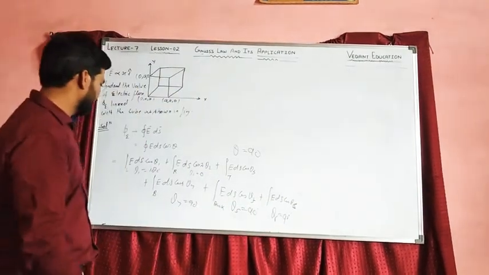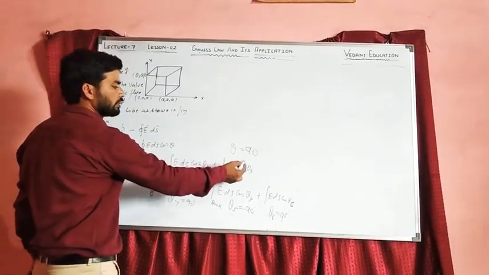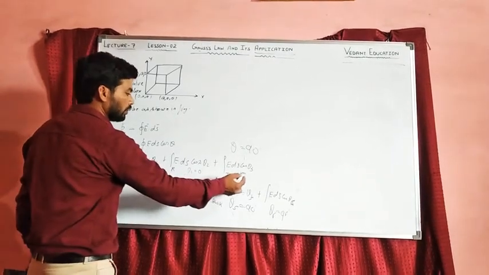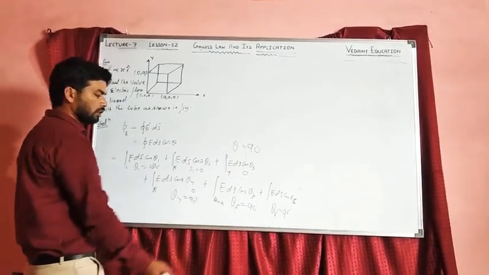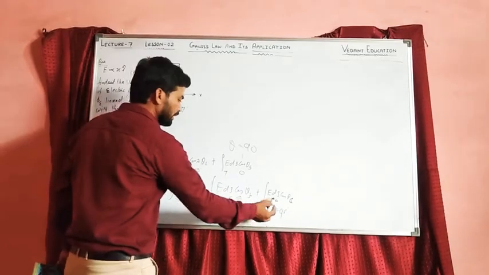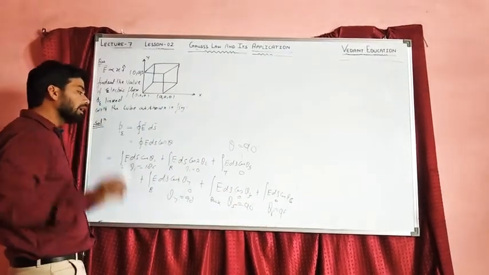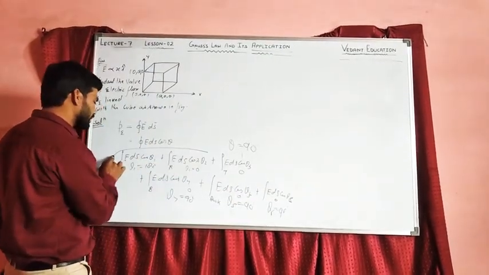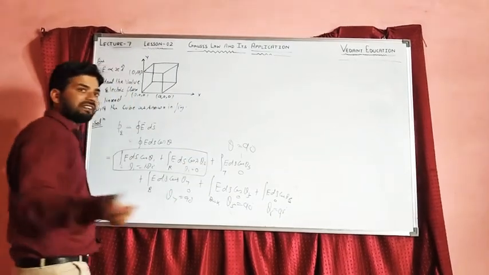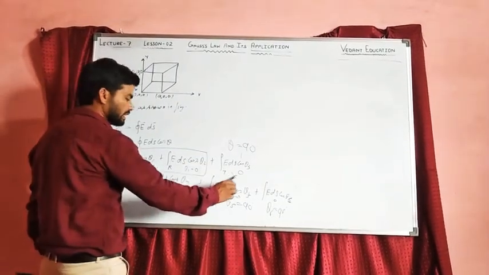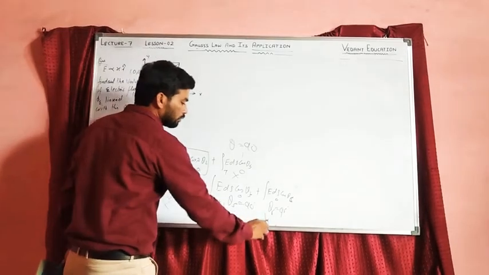You know, dear students, cos 90 is 0. This term will be 0, this term will also be 0, and this will also be 0. It means flux will link only on the two faces, left and right. There will be no flux linked with the remaining four faces.